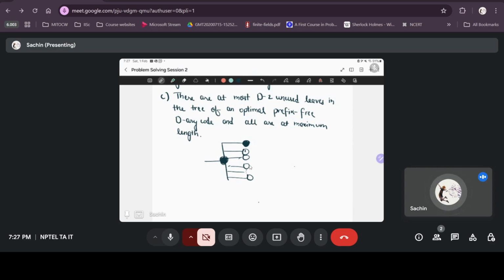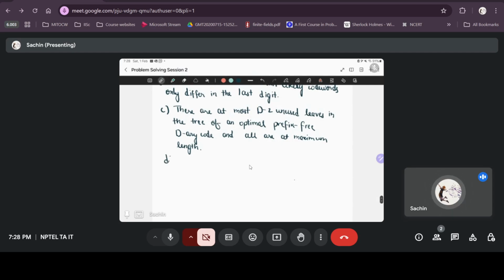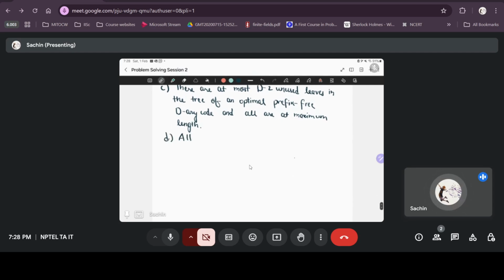So suppose U1 was assigned this code word, you could remove the last bit and assign the node itself as the code word for U1. So you can have at most D minus 2 unused leaves in the tree for an optimal prefix-free D-ary code. That's also a true statement, and that would mean that option D, all of the above, is the correct answer.